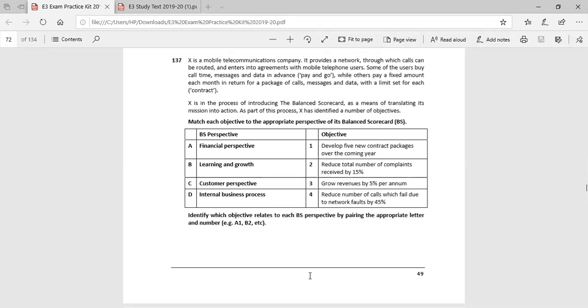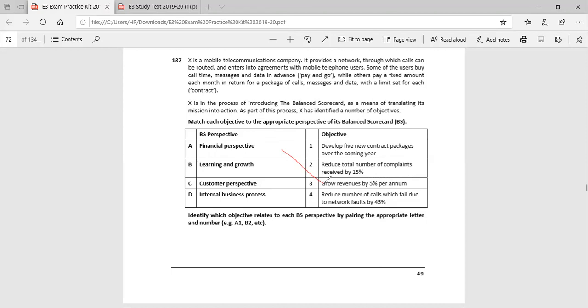So please quickly tell me. A is 3. Okay, then B. C is 4.